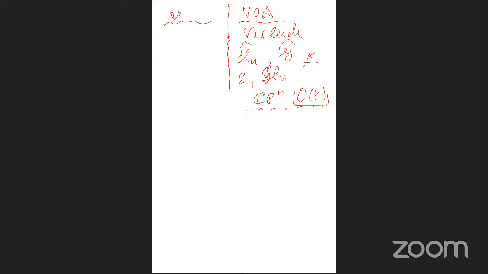But here we have what? We have the Grassmannian of n-dimensional subspaces in an n plus m dimensional space, and then we can consider the cohomology of this.